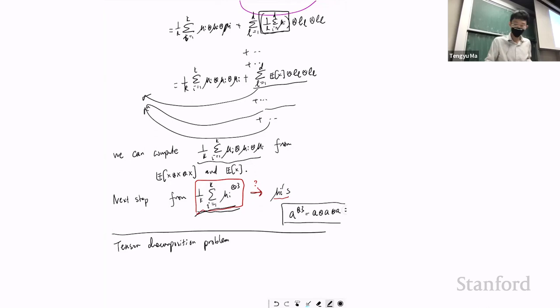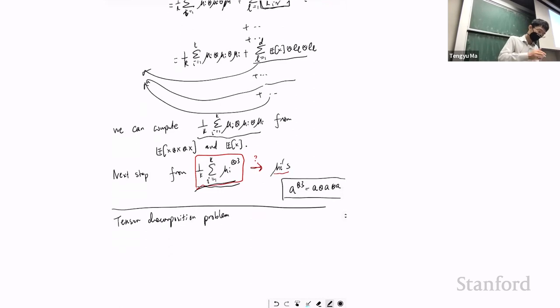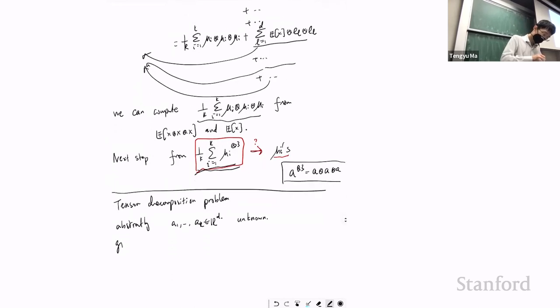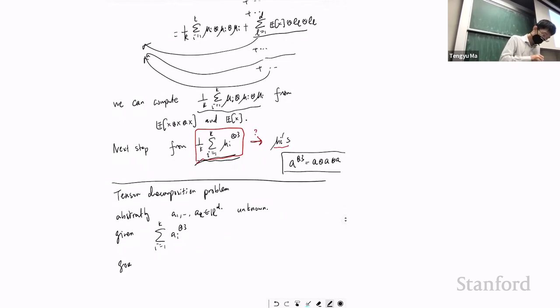Abstractly speaking, this tensor decomposition problem is something like this. You have a sequence of vectors, a1 up to ak, all in dimension d. These are unknown. What you're given is a tensor that looks like this, sum from 1 to k, and then your goal is to reconstruct the a_i's.